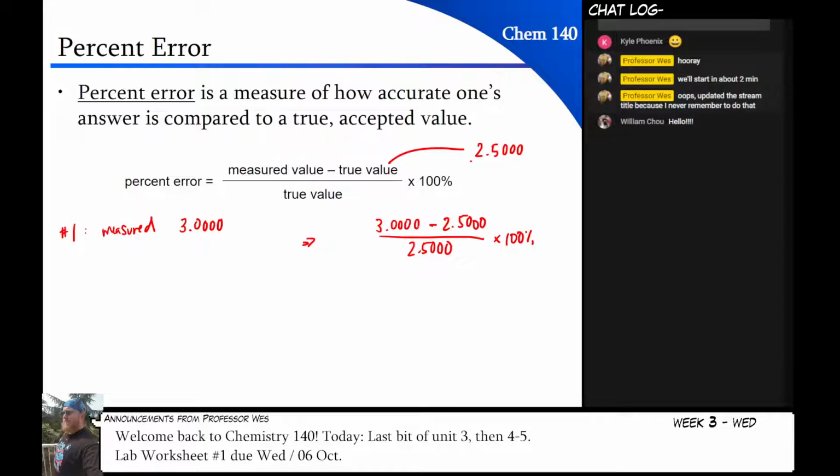When I do this, I get 0.5000 divided by 2.5000, and we'll write it out so that you can see the sig figs here. The reason that this is our answer is because this 100% is exact. This is 4 sig figs, and this is 5 sig figs. So our answer should have 4 sig figs.